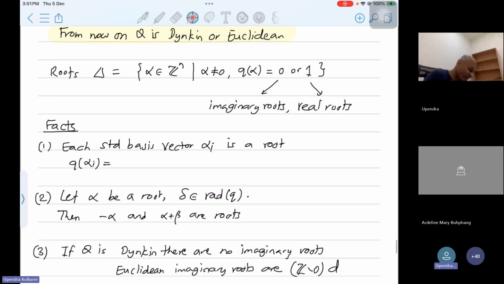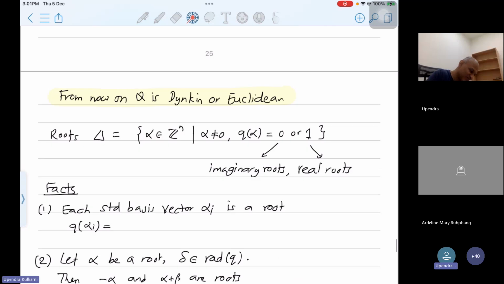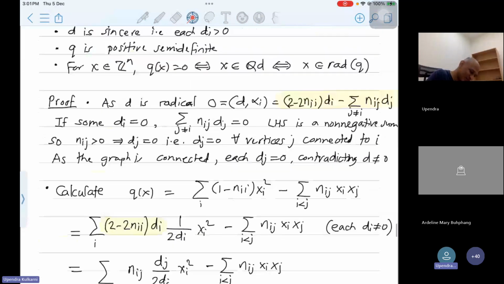Okay, so there are some facts about this. Each standard basis vector alpha_i is a root. Why? I have to calculate Q of alpha_i. Let's go back to the formula.